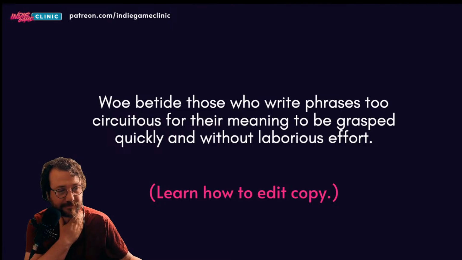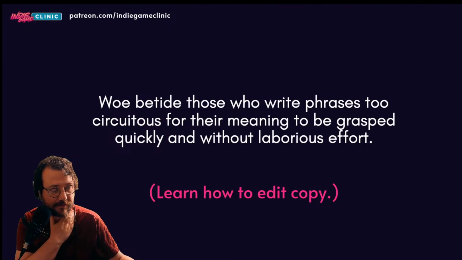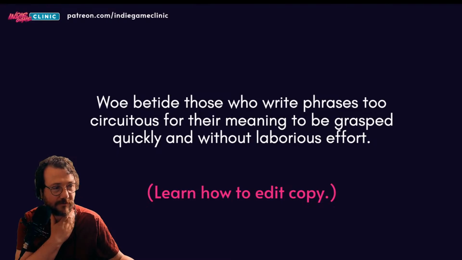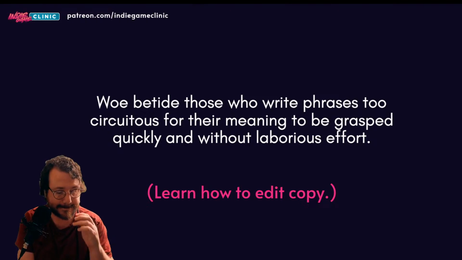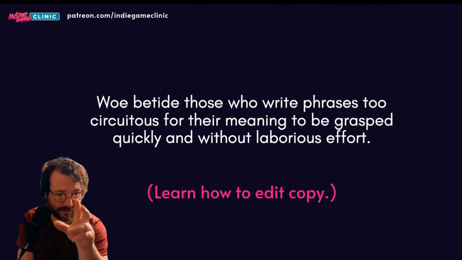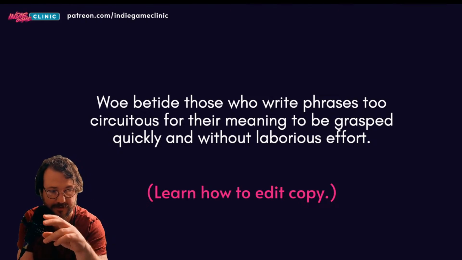Right? So one of the things that we'll see come up a lot when we're playtesting games and people have made their first tutorial is: are there 3 sentences here when there could be 2? Are there 2 sentences when there could be 1? Are you hiding the meaning of what you're trying to say by putting too many words on the screen?